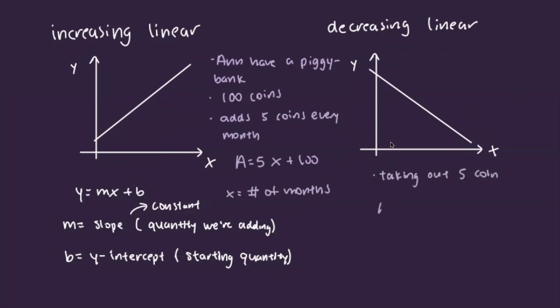So our equation for this will be negative 5x. Actually, instead of x, let's use t for time, plus our initial value, or you can make this look a little nicer: 100 minus 5t. So far, not bad.